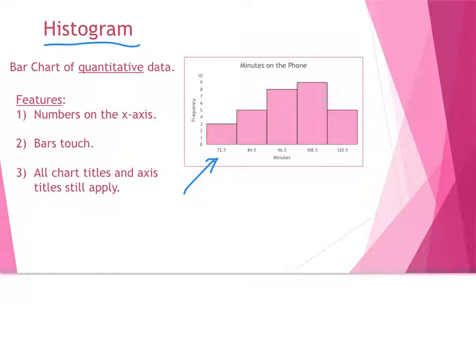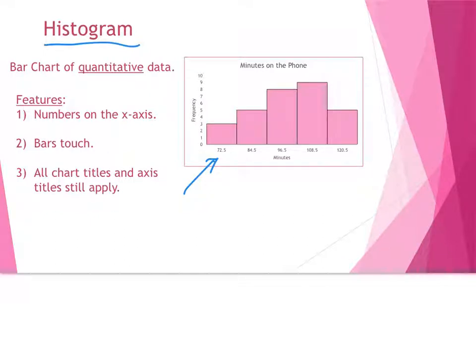Now when I have an x-axis that has numbers on it, those numbers need to stay in numerical order. You never rearrange the bars on a histogram. And the bars touch, because remember how we made the class limits so that we didn't have any gaps between the classes? We covered all the numbers. Well, that's what the bars touching in a histogram signify.